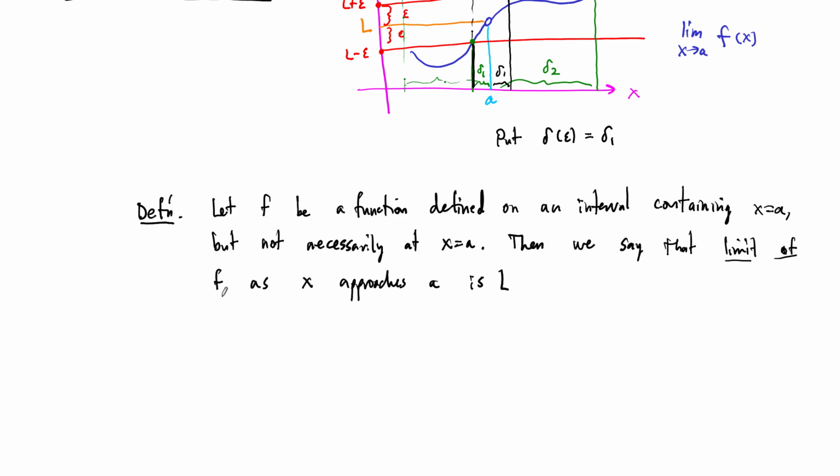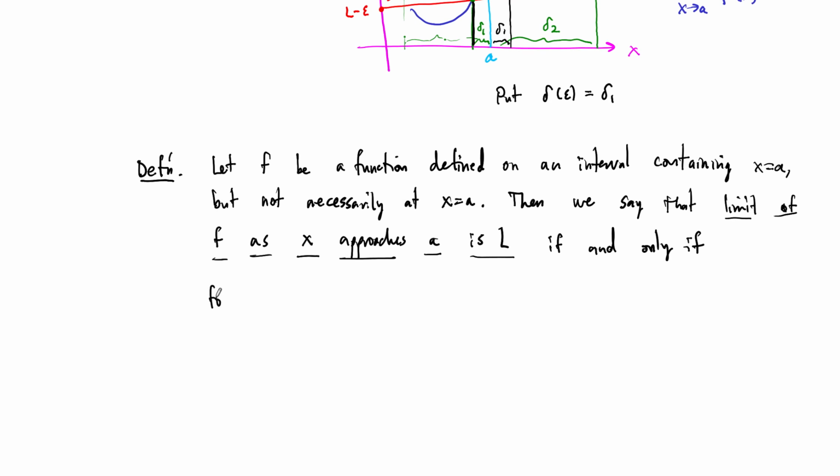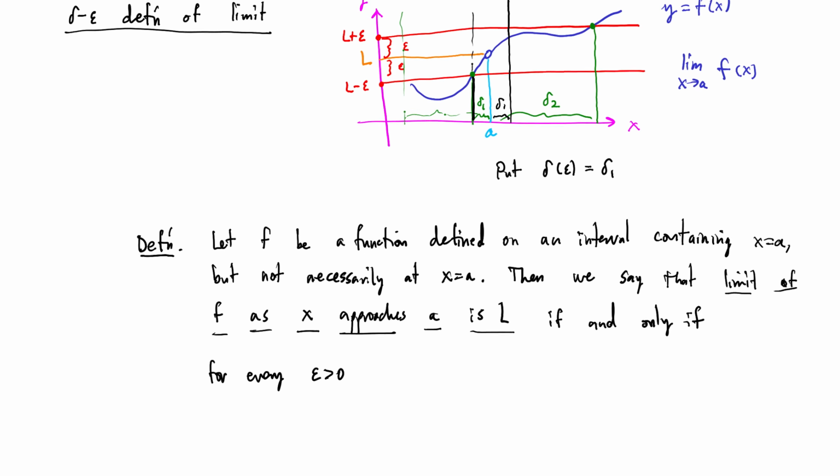The limit of f as x approaches a, all right, is L, if and only if. And now we need to write out the technical details of the picture that we just drew, right? So if and only if, for every epsilon greater than 0. So this is the choice of our epsilon strip.